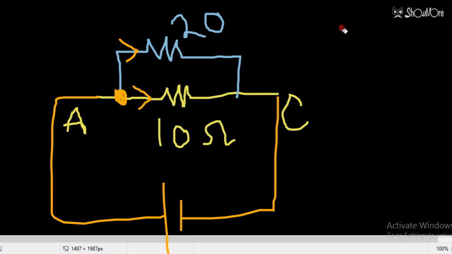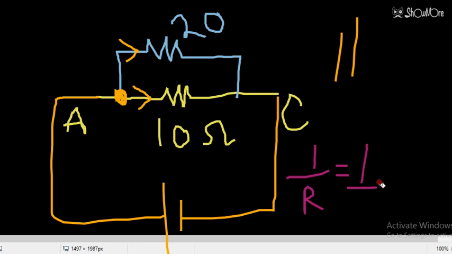So they will be in parallel, and added in the reciprocal way. So 1 by R equals 1 by 10 plus 1 by 20.